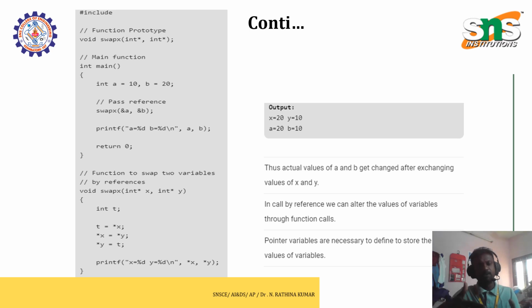Once we execute the program, we get the output, on the right side. The value of x equal to 20, y equal to 10, the value of a equal to 20, b equal to 10. Because we changed them in the subfunction, it is automatically reflected in the main function also. So this is the difference between call by value and call by reference.